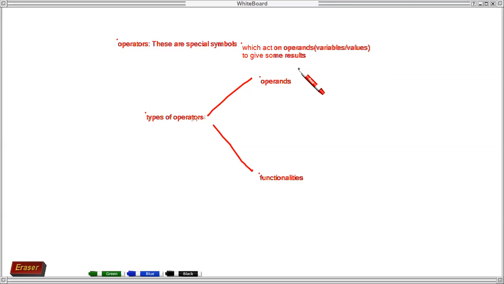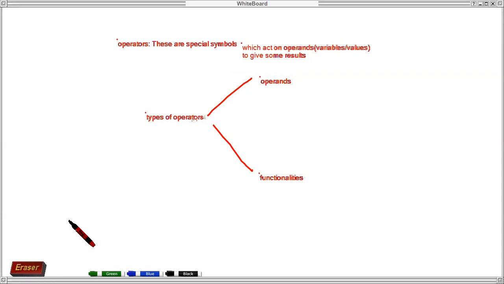So that means whenever we are performing any operations or any kind of expressions, we generally see that an operator is required.